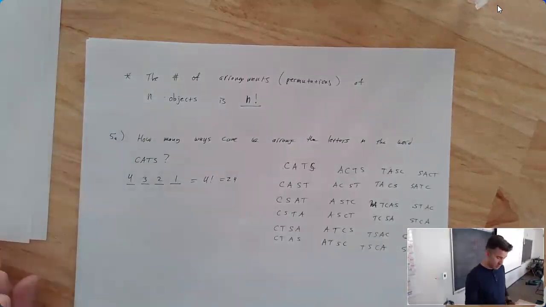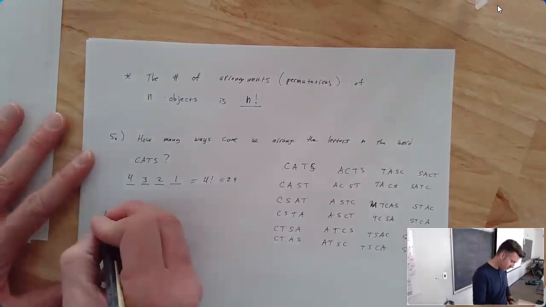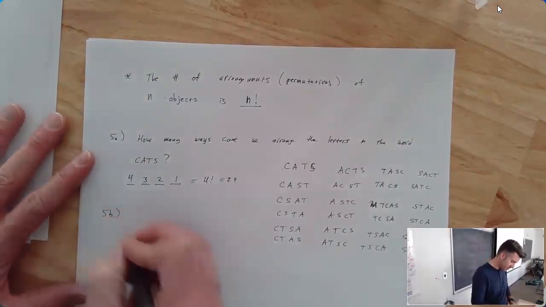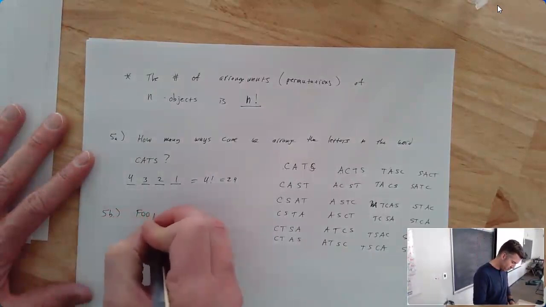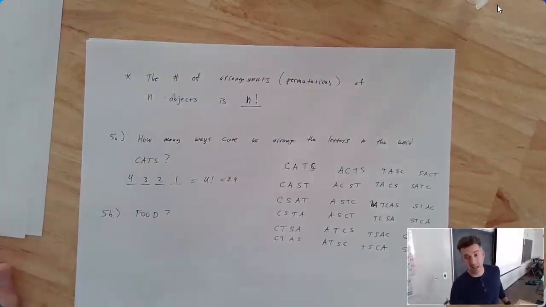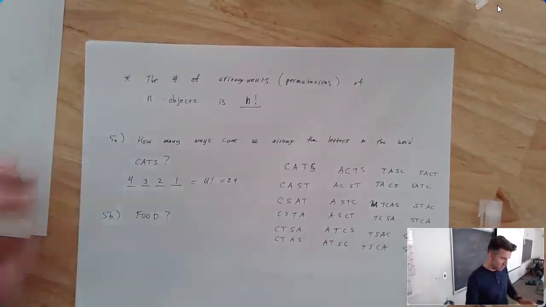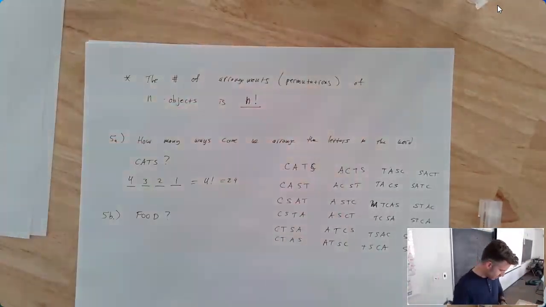Now, it becomes more interesting, well, maybe actually less interesting, what if the word was instead food? And so the answer here is we're actually not going to get 24 different permutations because this O and this O look the same. I should use colors here. Colors would be great.